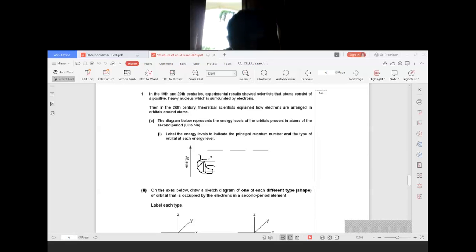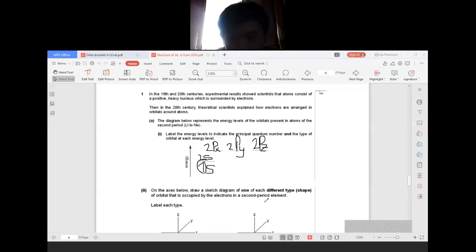After 1s, there is 2s, and then 2p. For p there is 2px, 2py, and 2pz.